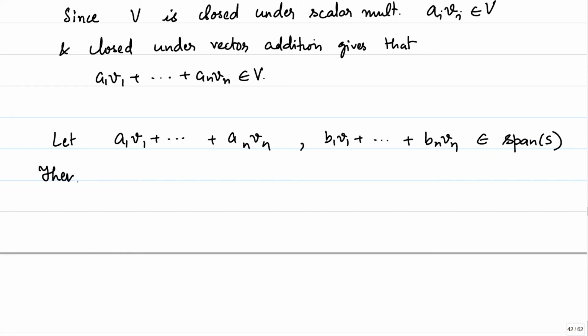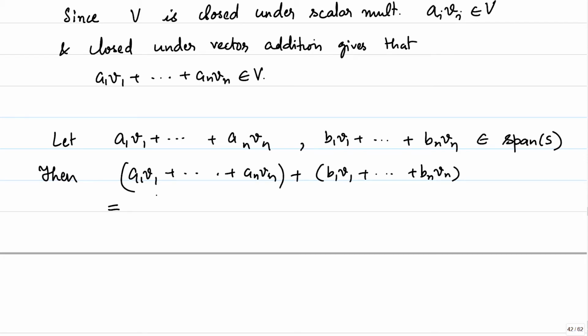Then A1 V1 plus up to An Vn, plus B1 V1 plus up to Bn Vn is equal to, after all the properties 1 to 8, many of the properties will be used extensively. You should sit and see which are the properties being used. We will get this is equal to (A1 plus B1) times V1 plus dot dot dot (An plus Bn) times Vn, which belongs to span of S.